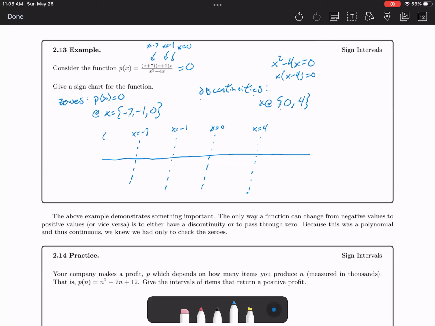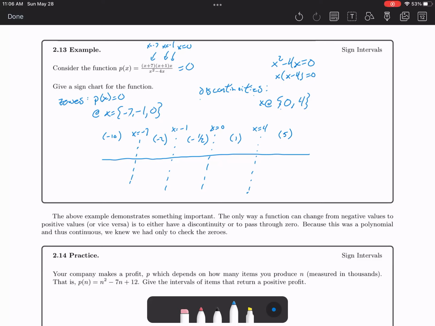Let's look at something on the left side of -7. Let's say -10. Something in between -7 and -1. Let's say -2. Something in between -1 and 0. Let's say -1/2. Something in between 0 and 4. Let's choose 1. And something greater than 4. Let's choose 5. Right? Nothing special about these points. Just some test value inside each of these intervals.